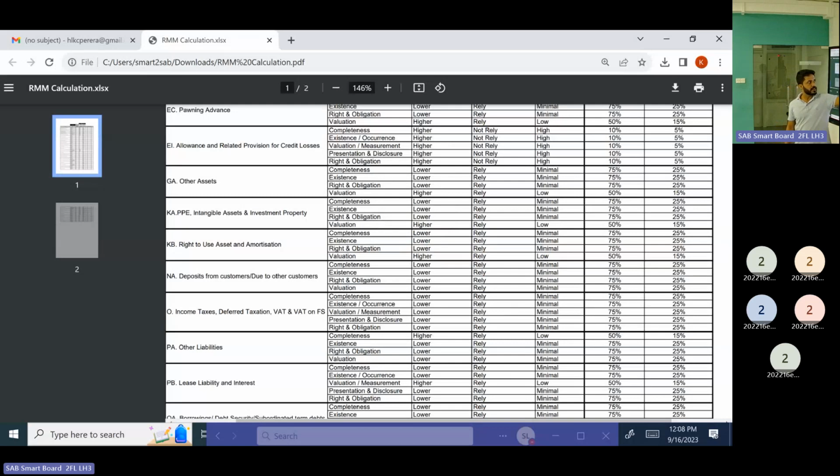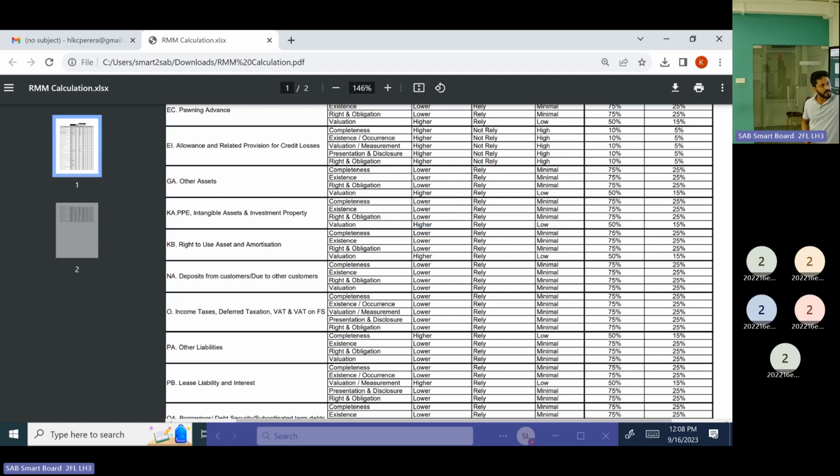PP&E valuation assertion, inherent risk higher, control risk rely. Because if it is a building, valuation is the high-risk assertion. Existence is no doubt, existence lower. Valuation is a higher value.